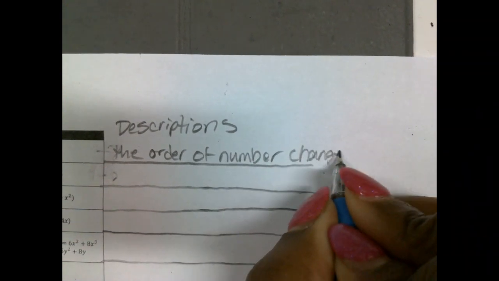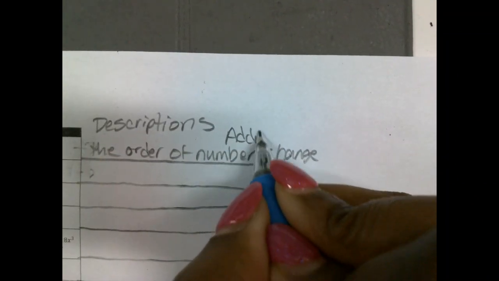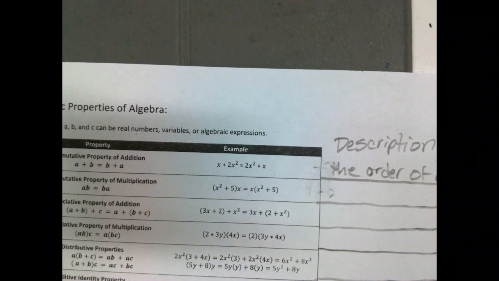Now, don't forget that they're also using addition. Now, what does this not work with? It will not work with subtraction. Why is it not going to work with subtraction? Because you would get a different answer. Both sides wouldn't be equal. What's another operation that's not going to work? It won't work for division.